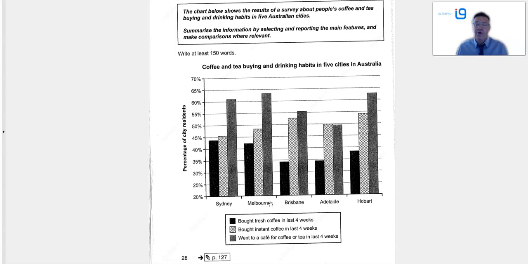So paragraph number 3, I do the cafe and the instant, first biggest and second, and the smallest at the bottom in paragraph number 4, and that's basically it. That's all that you can realistically do with this one.